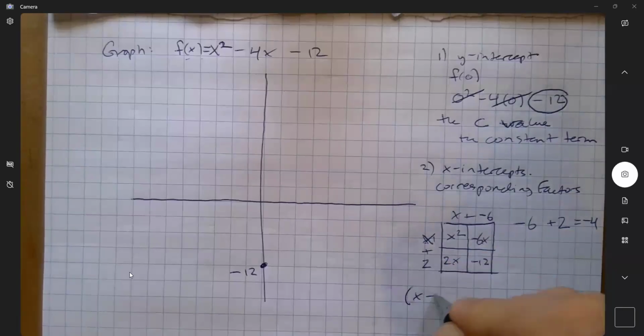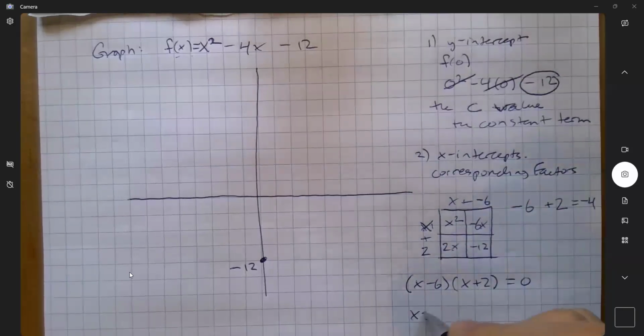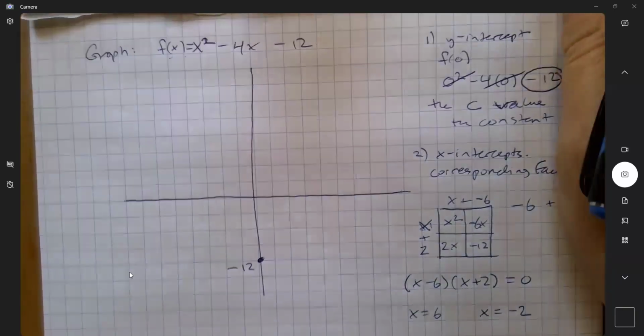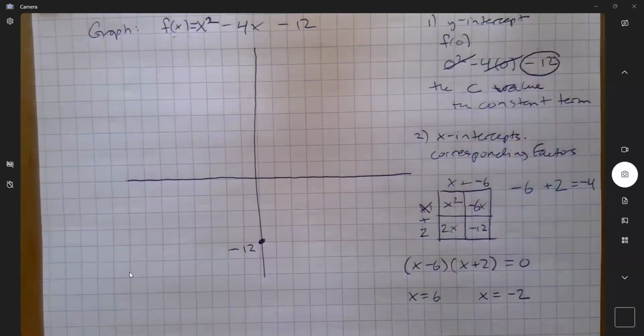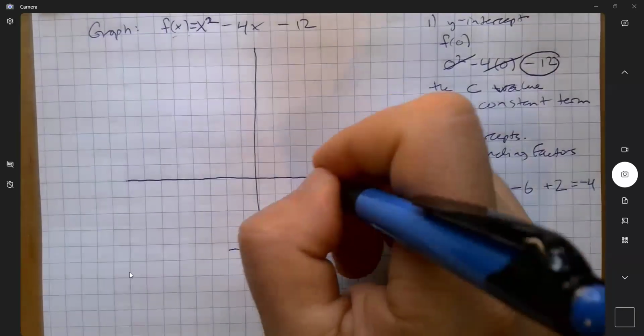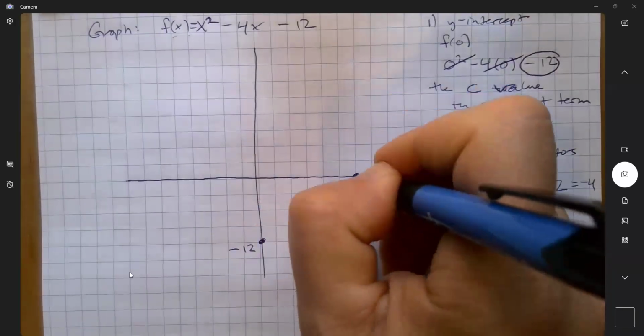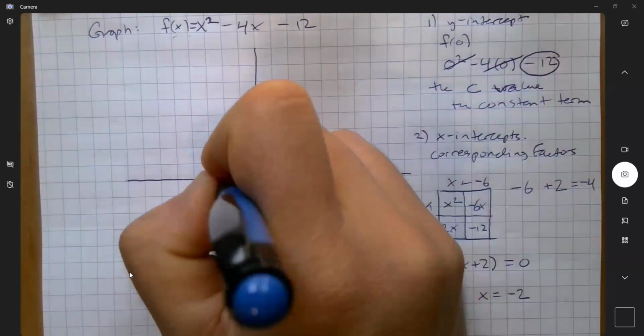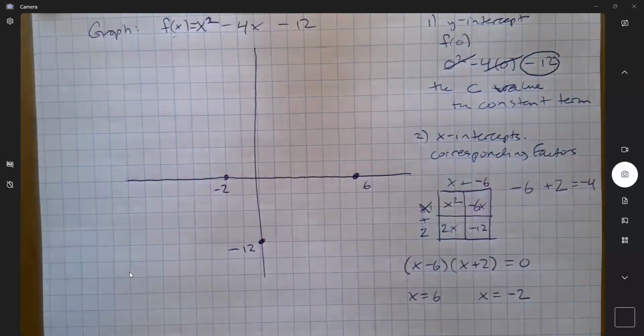So my factors are x minus 6 and x plus 2. And I want that to equal 0. So my x-intercepts occur at x equals 6 and x equals negative 2. 1, 2, 3, 4, 5, 6. And 1, 2. Great. I'm well on my way.